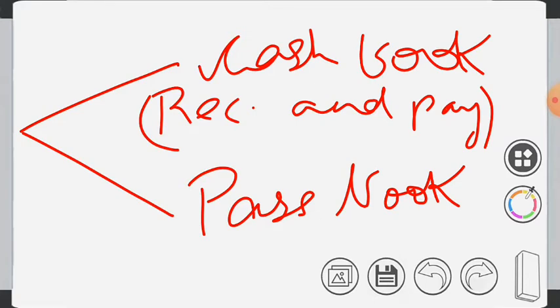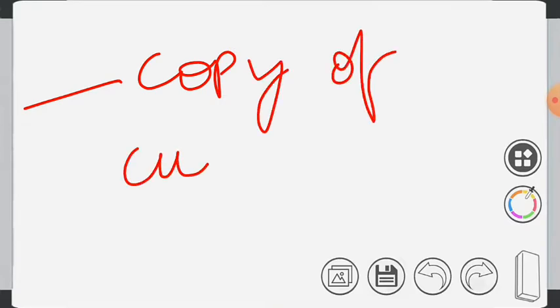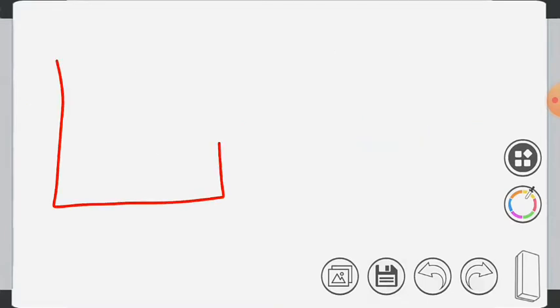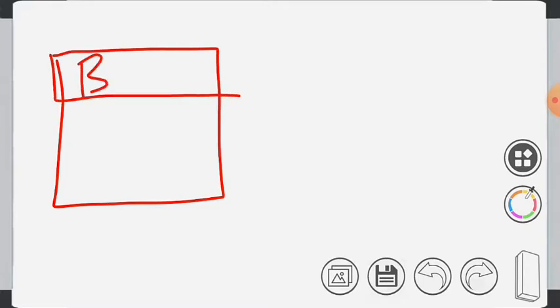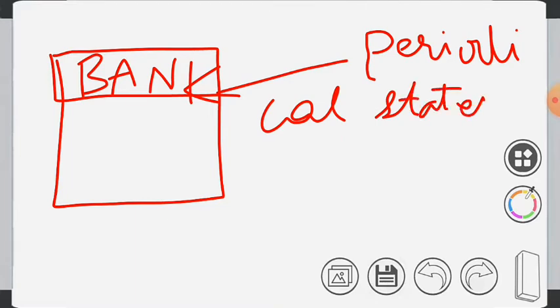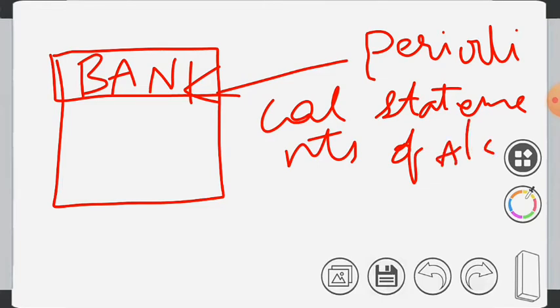So, when coming to the passbook, a passbook is a copy of the customer's account in the books of the bank. The bank sends periodical statements of account, like any transaction entered by the customer.